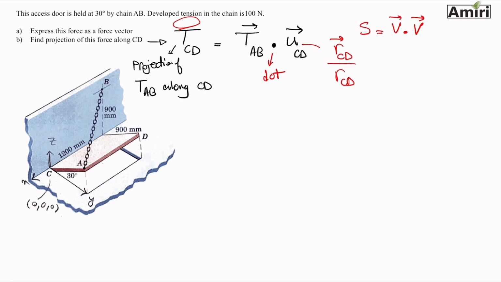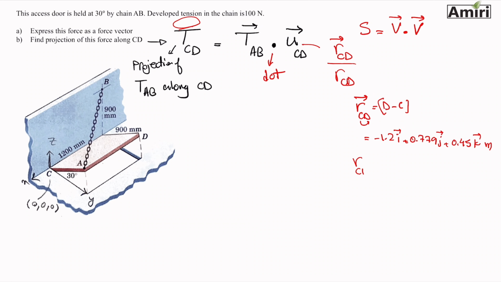Look back at the table from last page. RCD, going from C to D, you have to deduct components of C from D, which will result in minus 1.2I, 779J, 45K, and the units are meters.